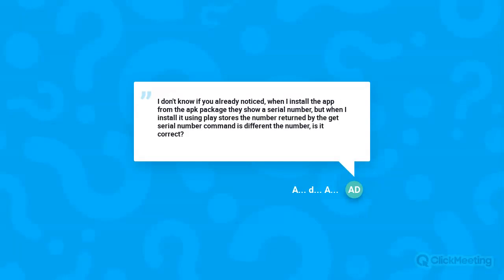I don't know if you already noticed, when I install the app from the APK package, it shows a serial number, but when I install it using Play Store, the number returned by the get serial number command is different. Is it correct? That's correct, because they are different applications.